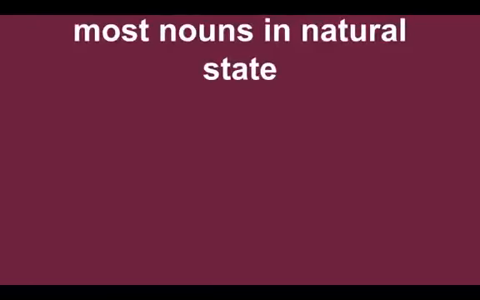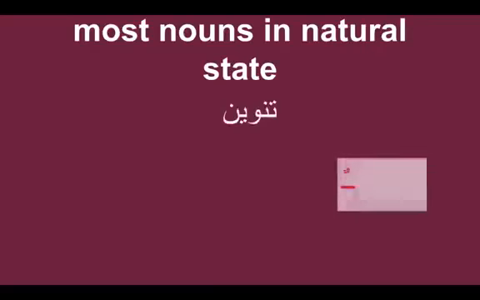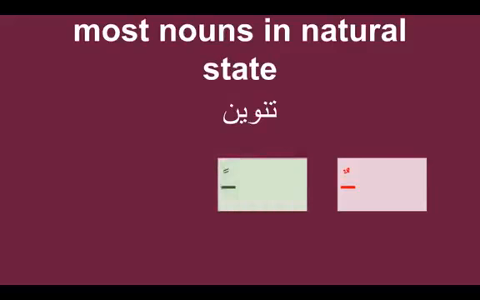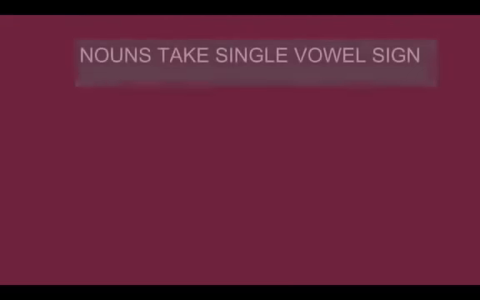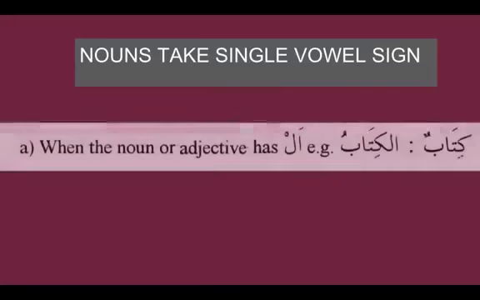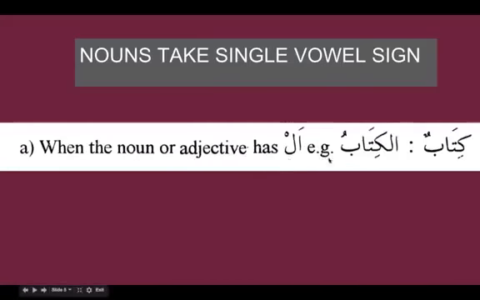So coming to the nouns. We know most of the nouns in the natural state have tanween, a double dhamma. But when it comes to mansoob and majroor, we know that it can become tanween fatha and tanween kasra. However, nouns can have a single dhamma under certain conditions. When we have al attached to it, then kitabun will become al kitabu.